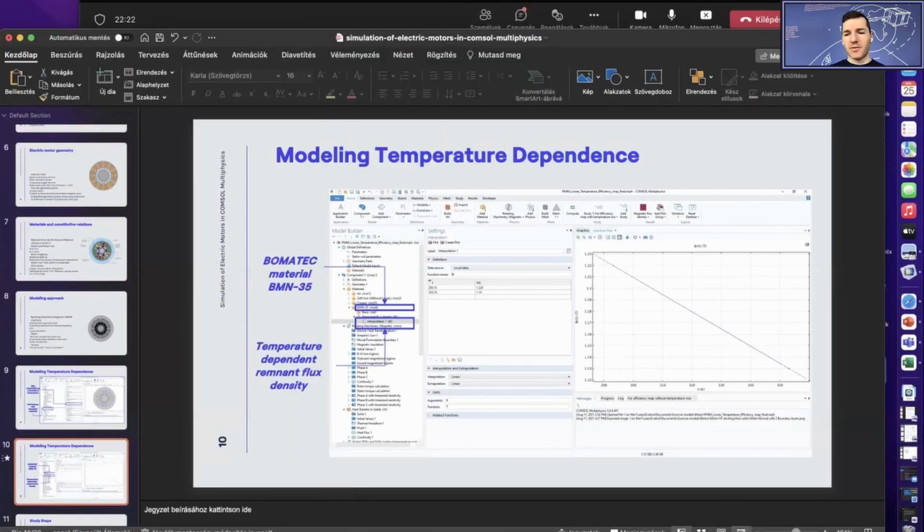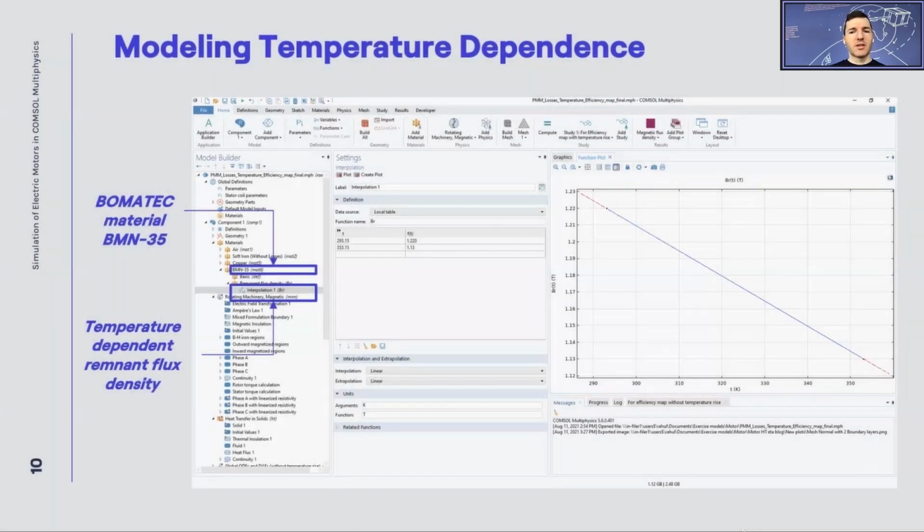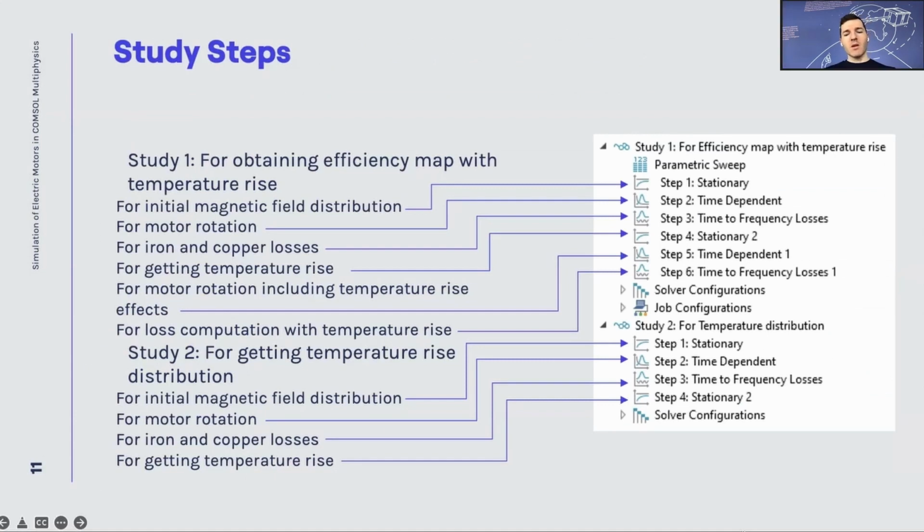And going further with the boundary conditions and the material setups, these are the different study types required to do the efficiency map and the motor torque calculations. We have two different study nodes. Study one is for the magnetic calculations and to generate the efficiency map.